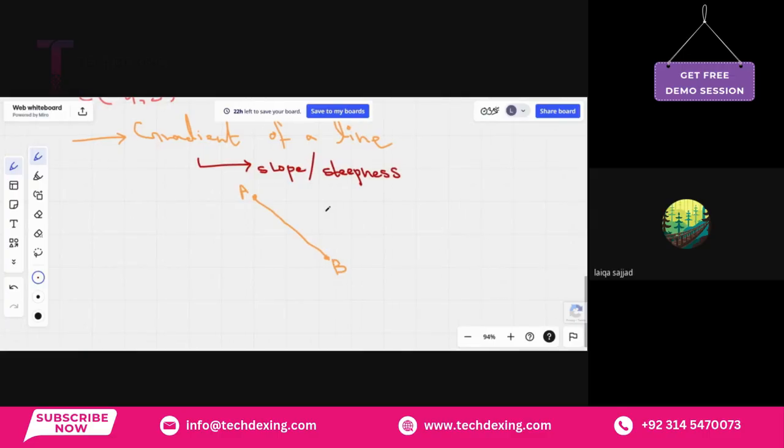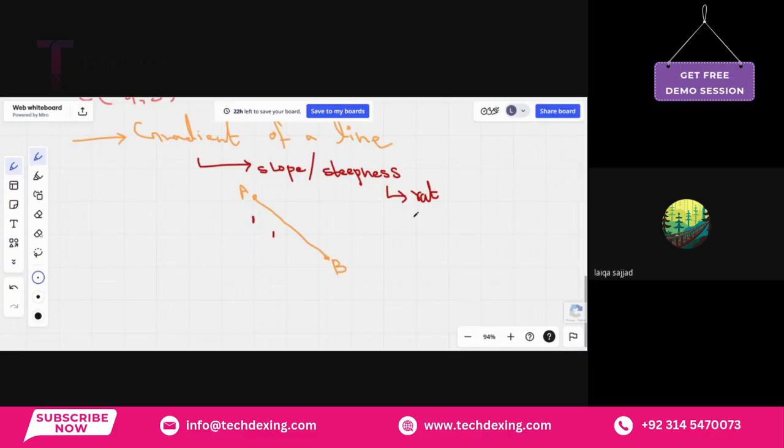And in other words, you can simply say that it tells you the rate of change of y with respect to x. Rate of change of y, that is, how much change will occur in the y-axis for each change in the x-axis. Like if I move 1 point along the x-axis, for example, from point 2 to point 3, how much change will occur in the y-axis?